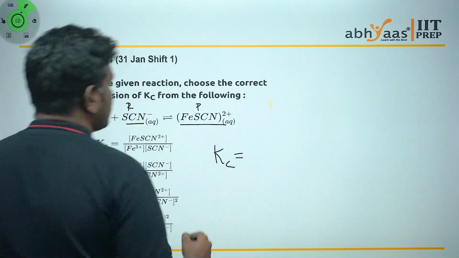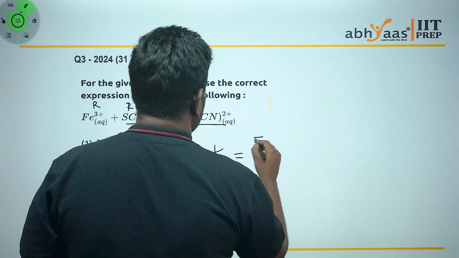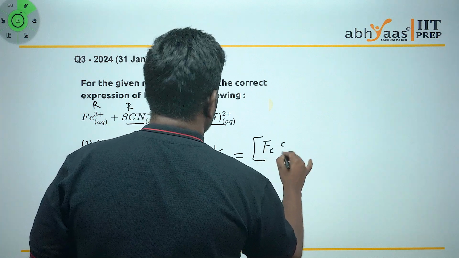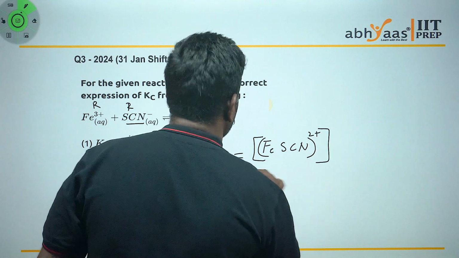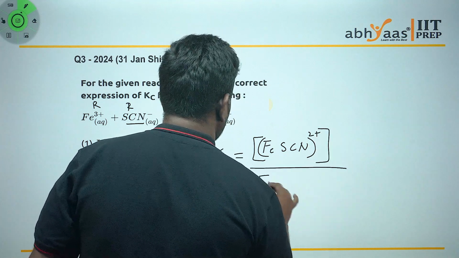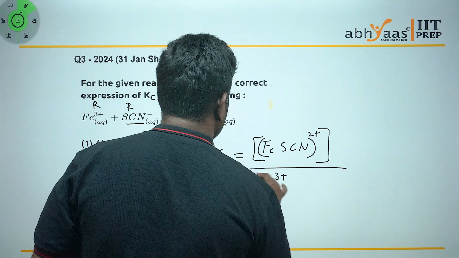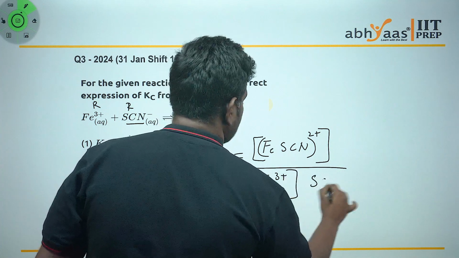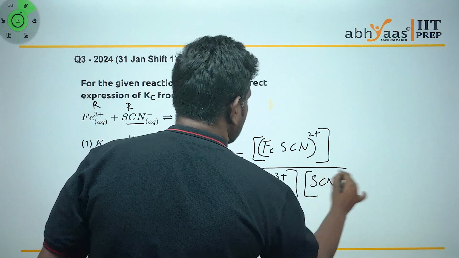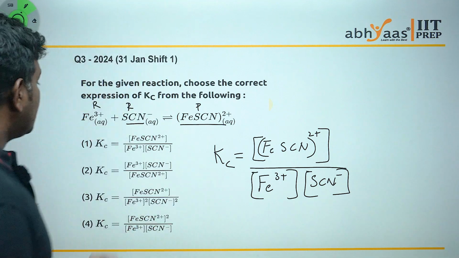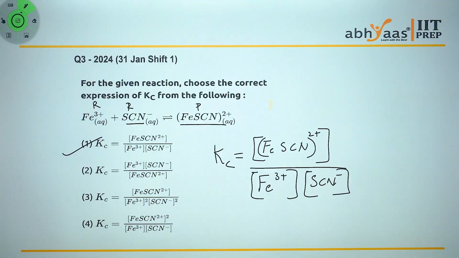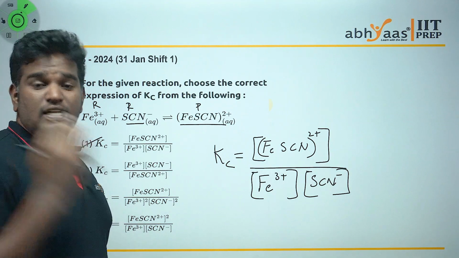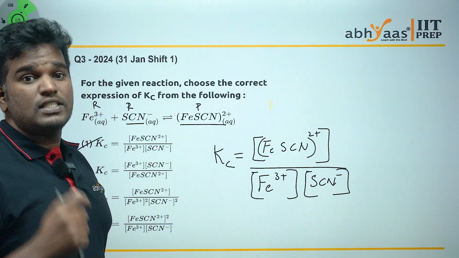Obviously Kc is the concentration of the product, FeSCN2+, divided by Fe3+ and SCN-, right? Such an easy question. So what will be your answer? The first one will be your answer, right? If you get it right, you get 4 marks. That's what I said, this is an easy chapter, right?